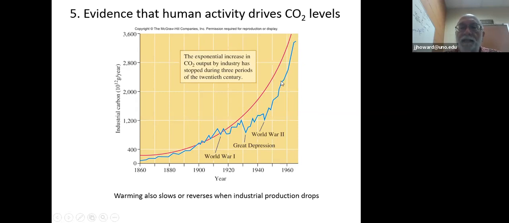But other than that, it's been kind of a really good match to the temperature curve. Now, we don't have a huge amount of data on some of this, and there is a lag between the drop in CO2 and the drop in temperature, but it's a pretty close relationship.